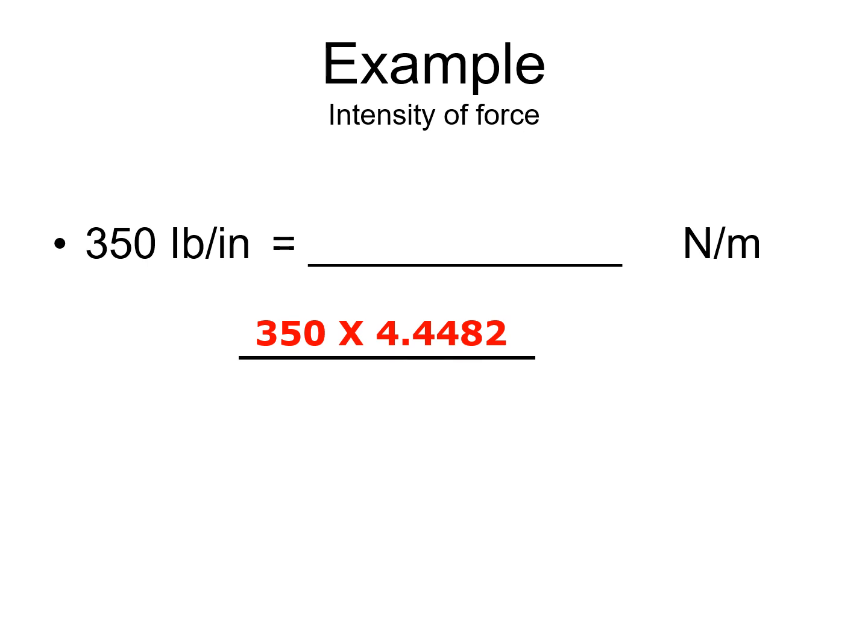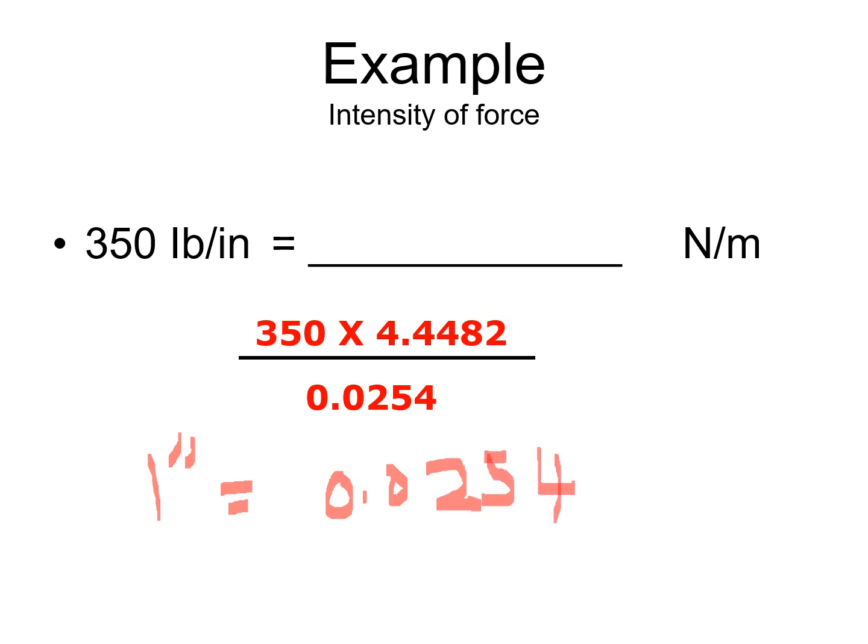I know that 1 inch, this is a symbol for inch, 2 prime, 1 inch equal to 0.0254 meter. So 1 inch is equal to 0.0254 meter.